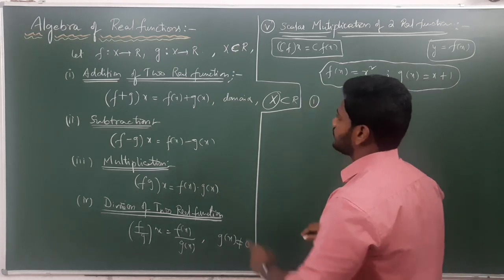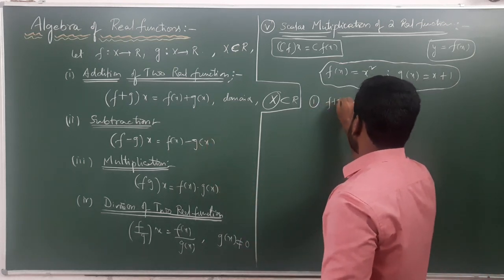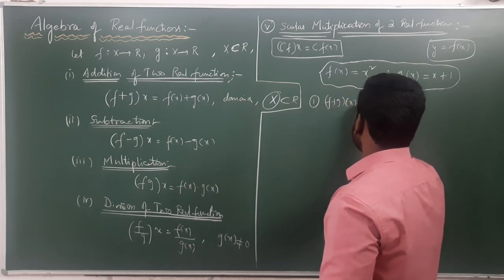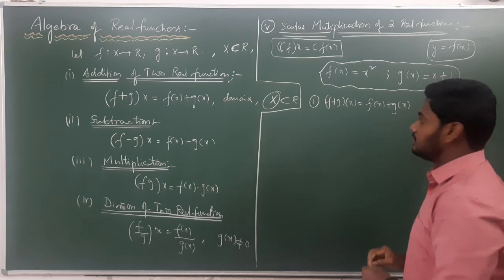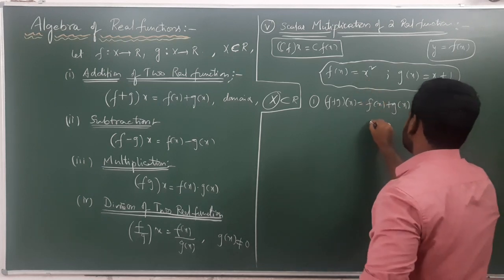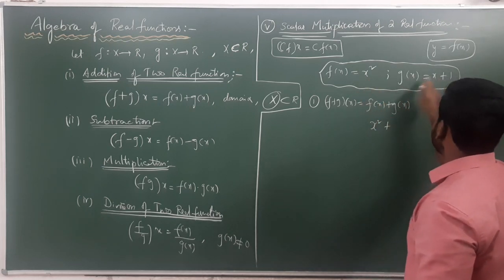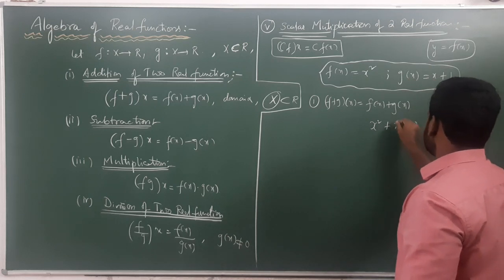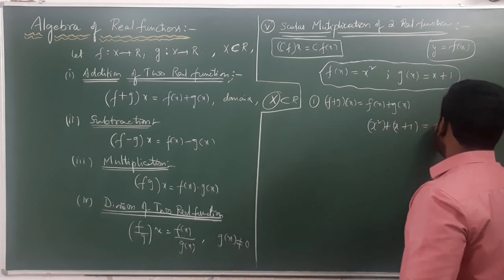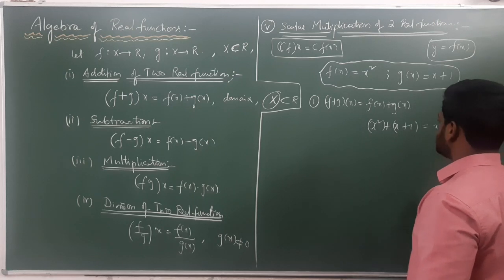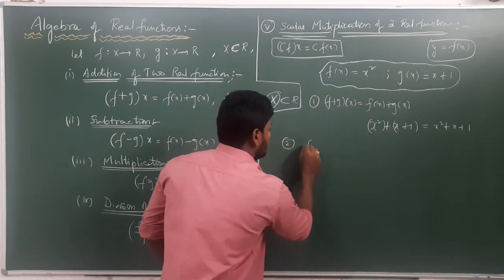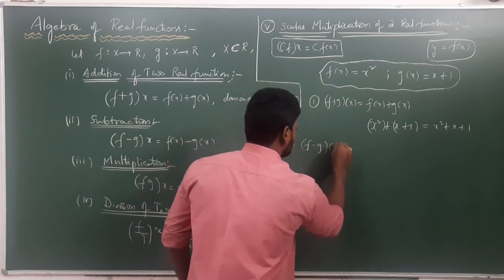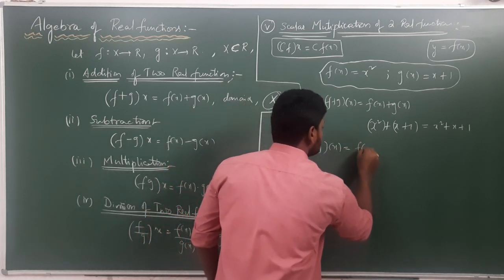For the first one, f plus g of x is f of x plus g of x, which is x square plus x plus 1. Next, f minus g of x is equal to f of x minus g of x.